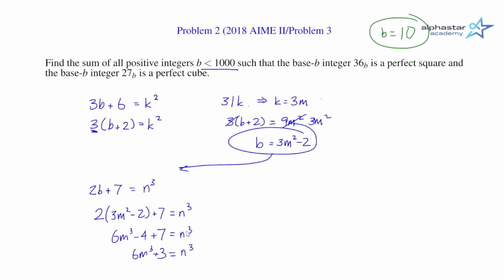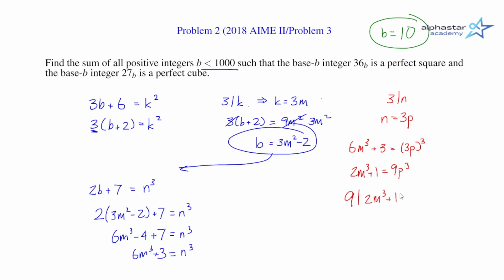So if n cubed is a multiple of 3, that requires n to have a 3 in its prime factorization, so 3 divides n as well. So let n equal 3p, where p is just some positive integer, not a prime necessarily. We just use p because it's basically the next letter. So we get 6m squared plus 3 equals (3p) cubed, which gives 2m squared plus 1 equals 9p cubed. In particular, 9 divides 2m squared plus 1.